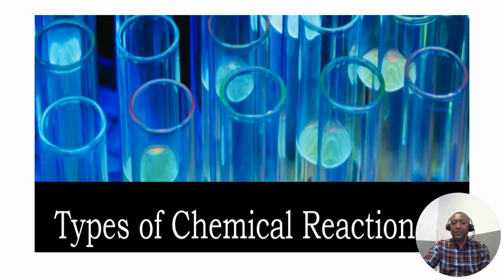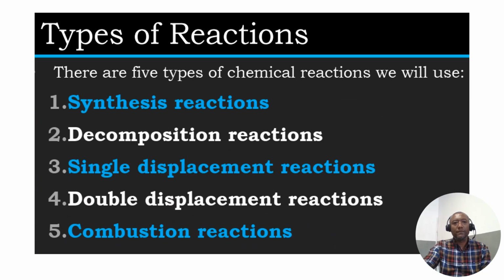Types of chemical reactions. There are five types of chemical reaction we will use. The first one is synthesis reaction, which has another name, combination.